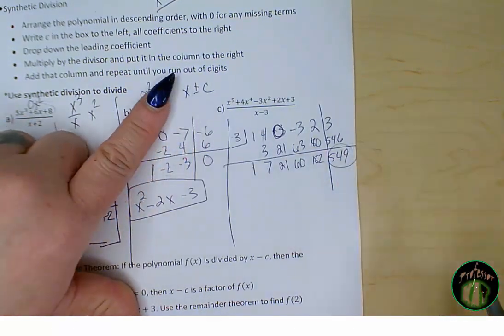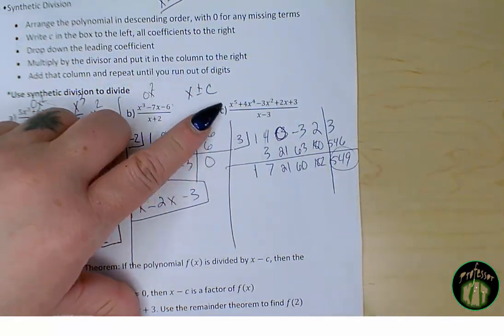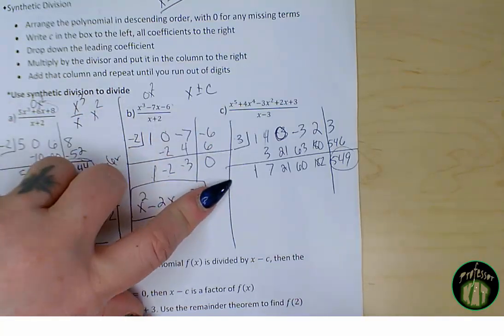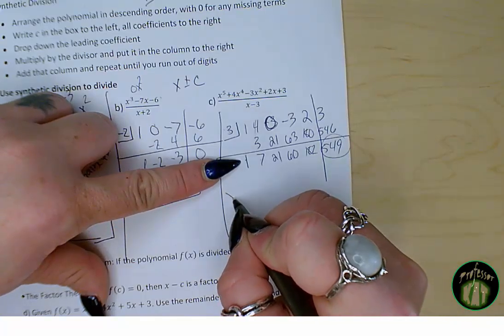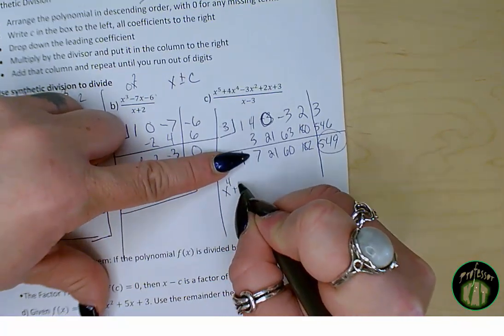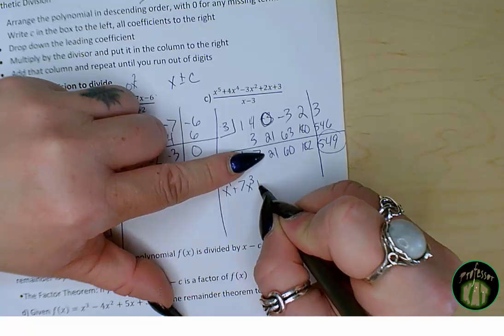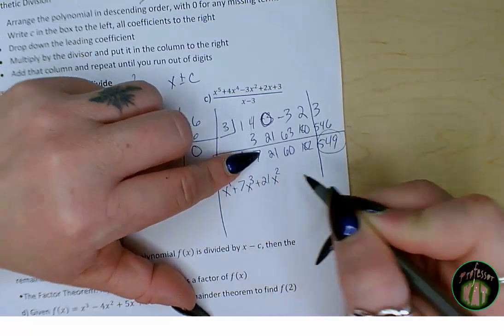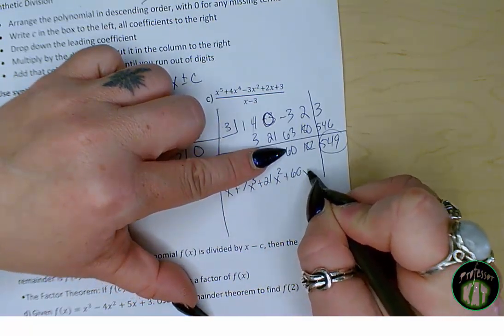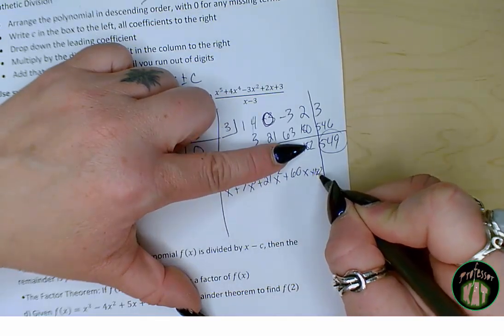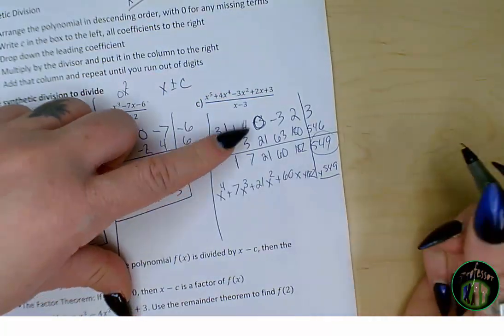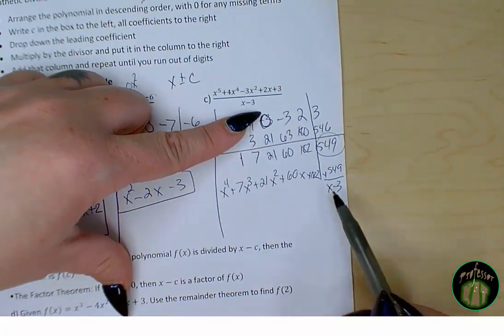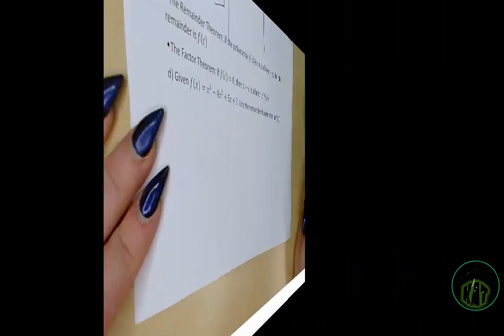Keep in mind that is going to be our remainder. Since our polynomial was x to the 5th, our solution is going to be x to the 4th. Starting with the 1, that is 1x to the 4th, plus 7x cubed, plus 21x squared, plus 60x, plus 182, plus our remainder over our divisor as our entire solution here.